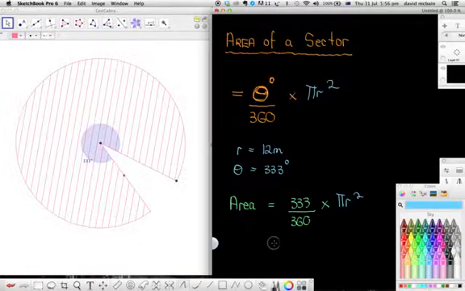So it's going to equal 333 divided by 360 times 3.14, that's our approximation of pi again, times r squared. Well, r is 12, so it'll be times 12 squared.